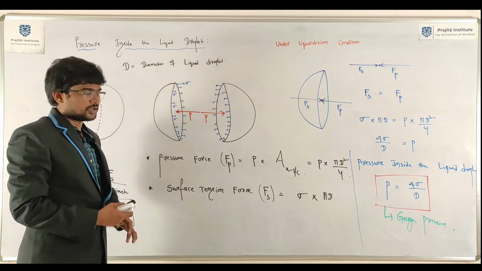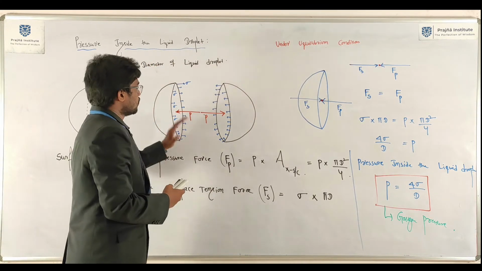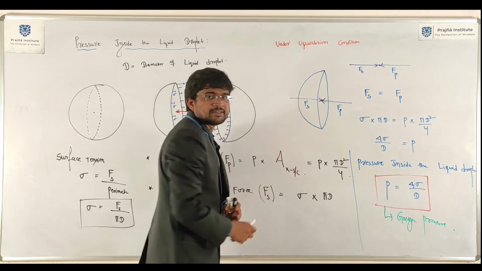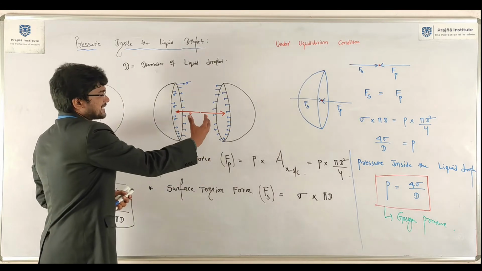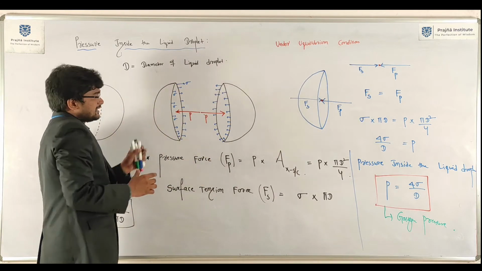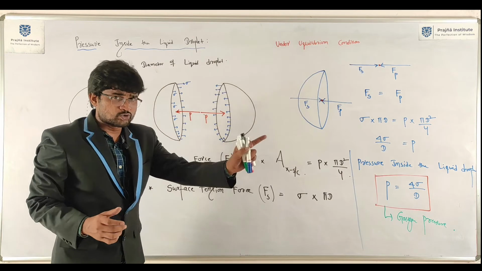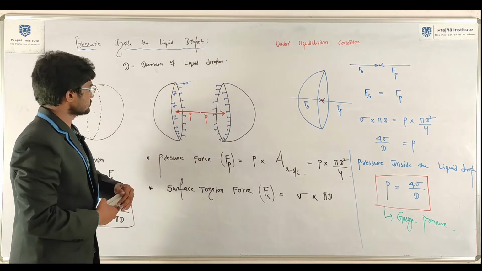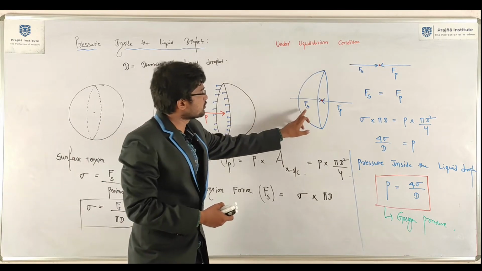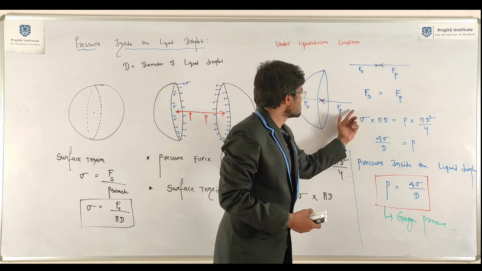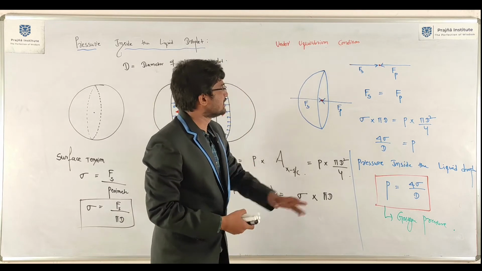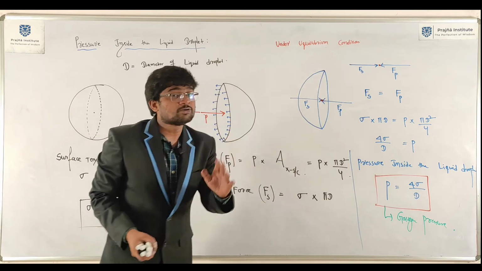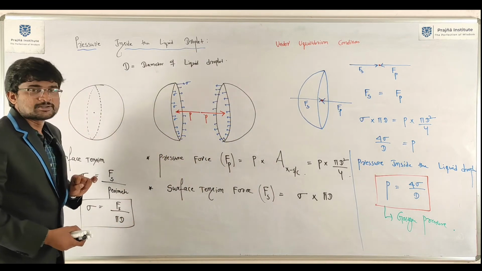The liquid droplet has one surface. Draw the free body diagram for the surface. Pressure force is acting inward, tensile force is acting outward; the tensile force is due to surface tension. Just equate these two. How to determine pressure force?